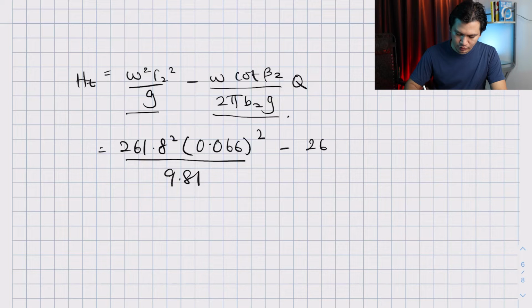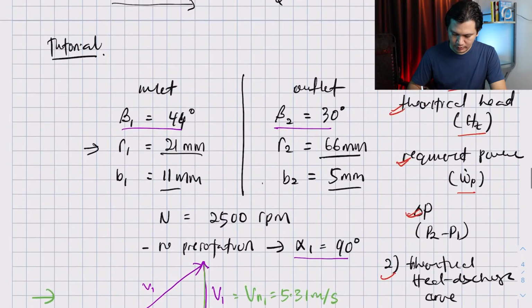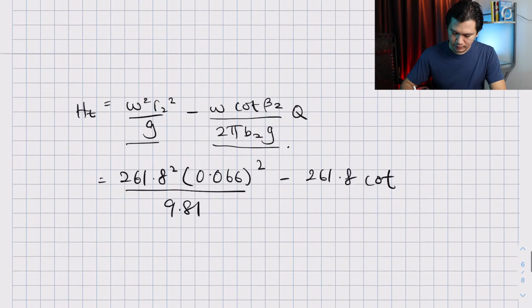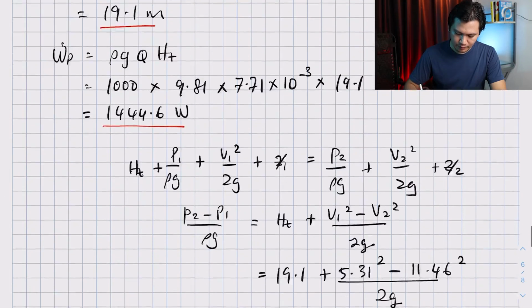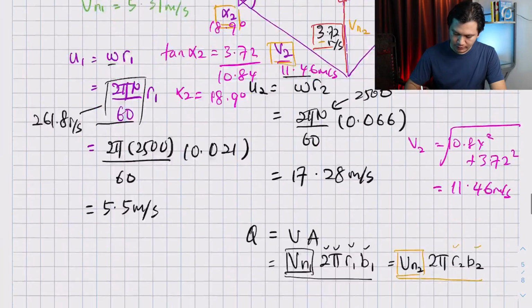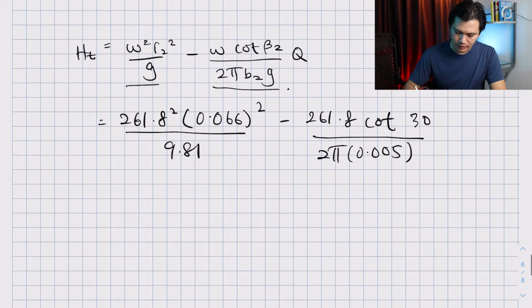omega, which is 261.8, cotangent beta 2, which is 30 degrees, divided by 2 pi b2, where b2 is 5 mm, 0.005, times g, 9.81.